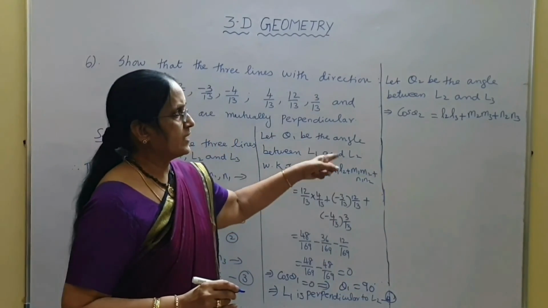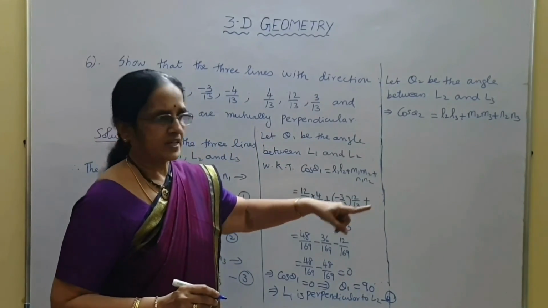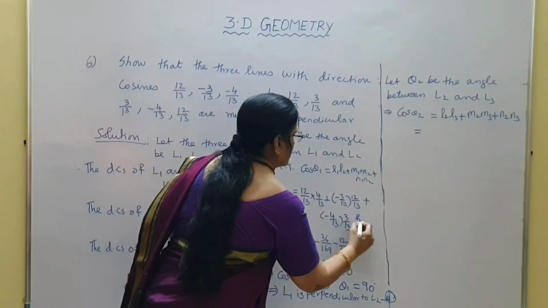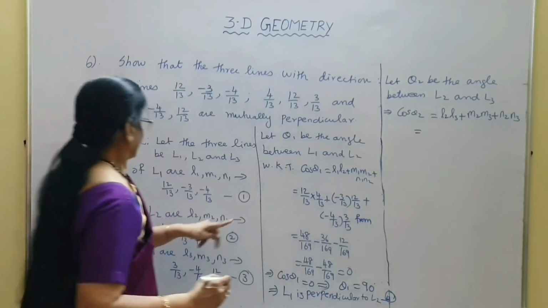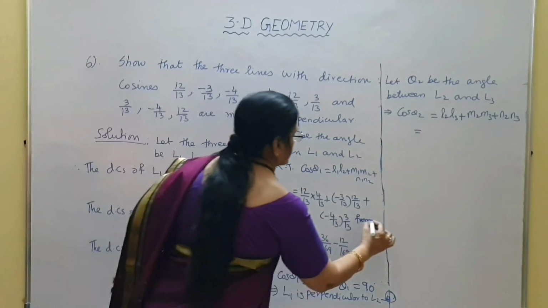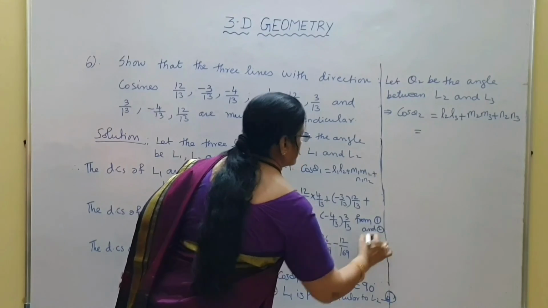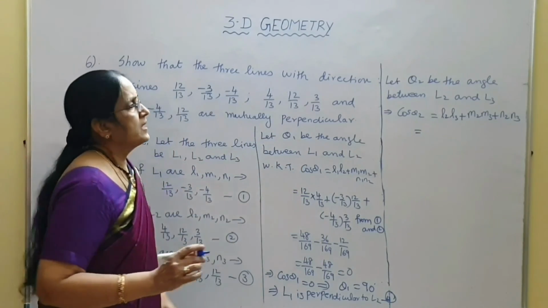Now let us substitute for L2, M2, N2 and L3, M3, N3. So we will be getting, here you can mention from 1 and 2. It's better to mention.